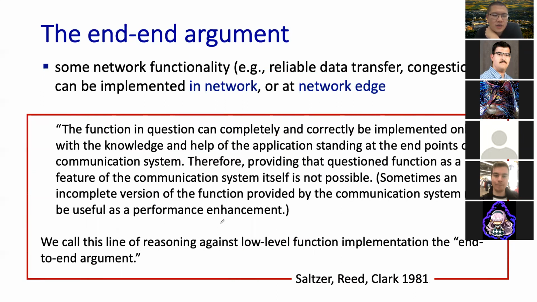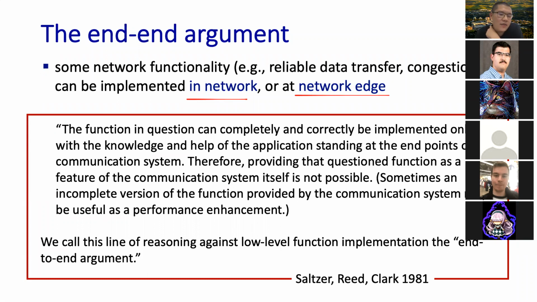Some network functionality like reliable data transfer can be implemented in the network or at the network edge. But the function in question can completely and correctly be implemented only with the knowledge and the help of the application standing at the endpoint of the communication system. Therefore, providing the question function as a feature of the communication system itself is not possible. We call this line of reasoning against lower level function implementation the end-to-end argument.